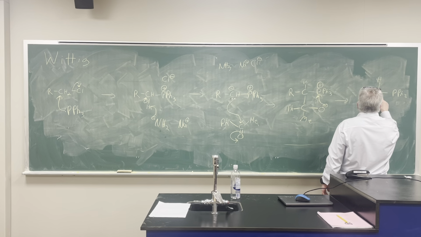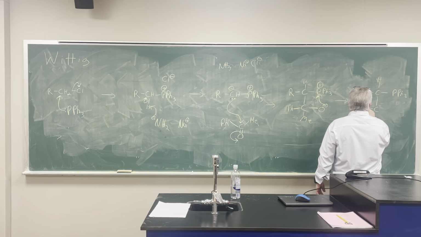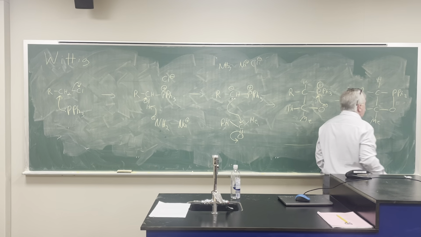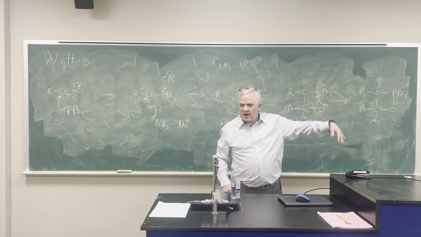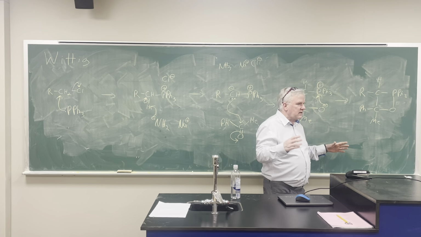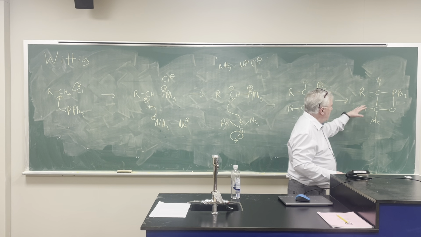We don't want to be too upset about the fact that we have a whole bunch of bonds to the phosphorus, because it is, after all, phosphorus. It's down below the second row. We can expand its valency beyond an octet, so we're okay with that. We've now formed this thing.